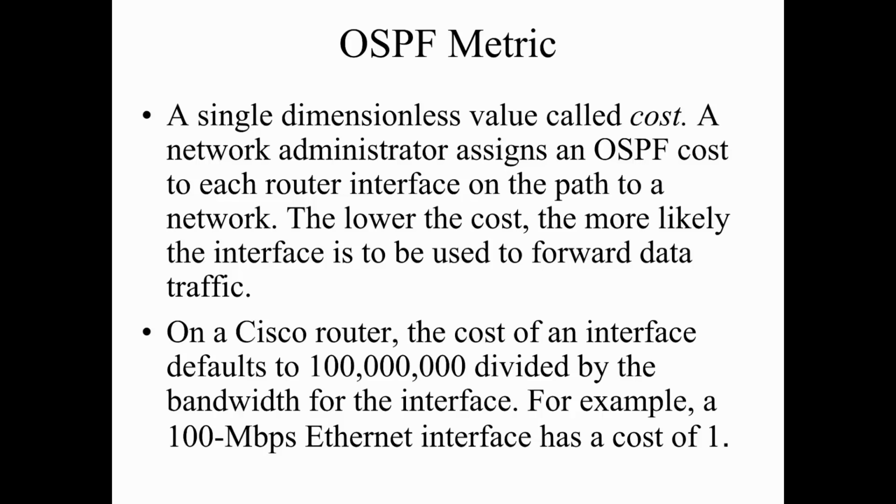A network admin assigns an OSPF cost to each of the routers, and that way you can start manipulating the cost based off of things like bandwidth. On a Cisco router, the cost of an interface defaults to 100 million divided by the bandwidth of that interface. For example, a 100 megabit connection would have an interface cost of 1. There's actually an interface cost breakdown for OSPF metrics, which we may or may not be looking at shortly.